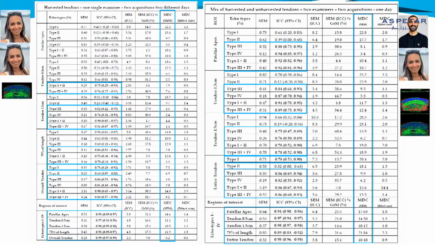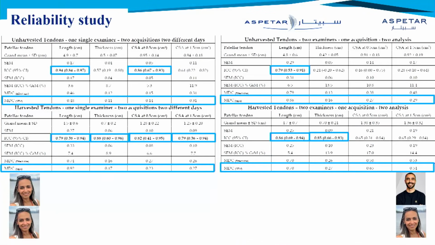So you do have a very high reliability while assessing either intra or inter reliability. And of course, highlighting the minimal detectable changes. That for us is what is relevant when we are reading any paper to see if the differences are actually significant. A similar pattern was observed when measuring the length, the thickness, and the cross-sectional areas at 0.5 centimeter and 1.5. In that case, the inter-reliability was a bit better than the intra.